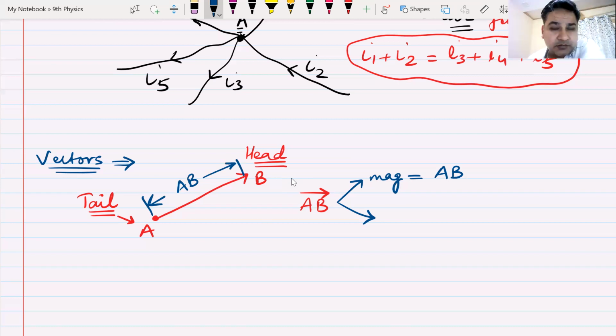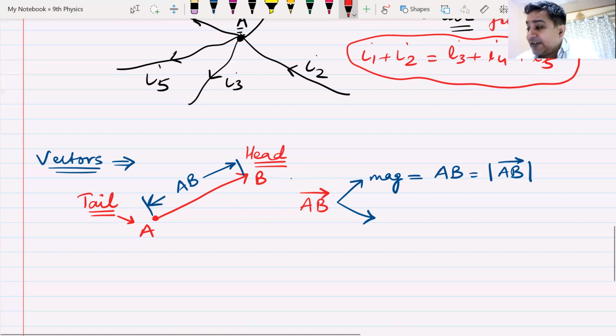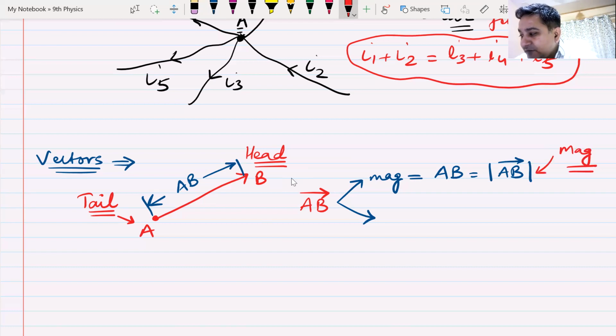And you can write this length of the straight line AB as the vector AB with two vertical lines. These two vertical lines in maths, when you become wiser, you will understand, mean magnitude.